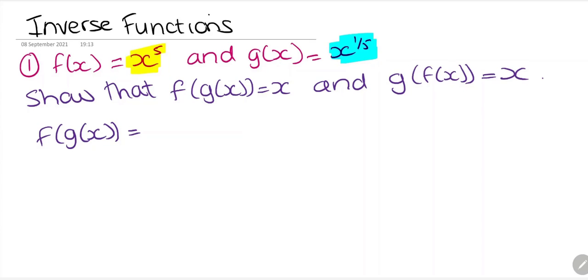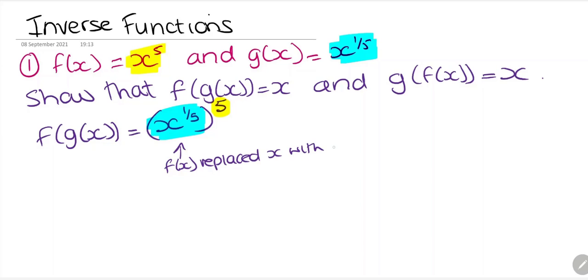So we'll have x to the 5th, which is the g function, raised to the power of 5, which is the f function. So remember, this here is the function f of x with x replaced with the g of x value.